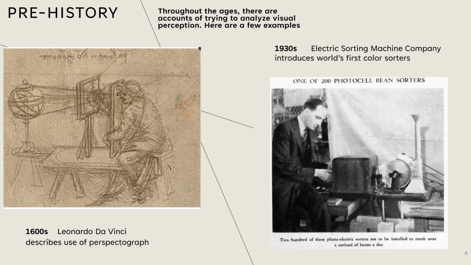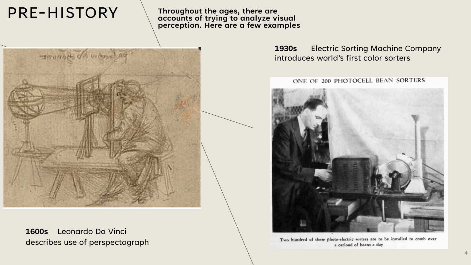Before going into history, I wanted to share some prehistory, because people have been fascinated with visual things around us and trying to analyze them way back in history, even in Egyptian times. But here I wanted to show you two pictures that I found interesting.